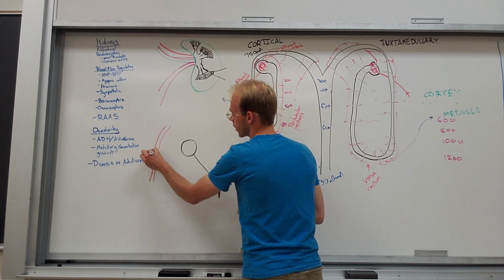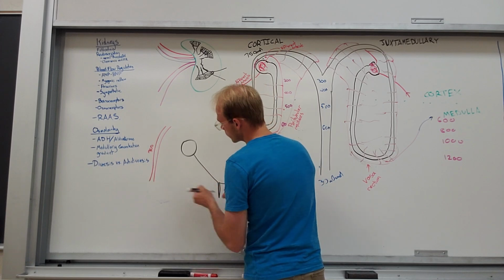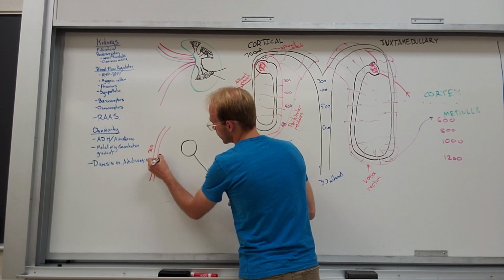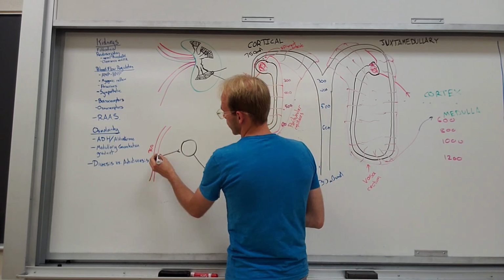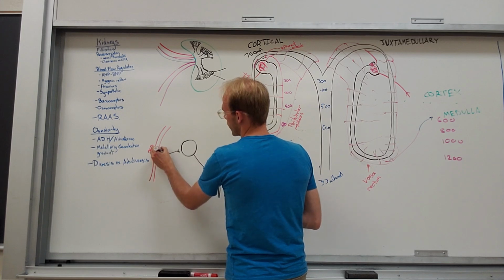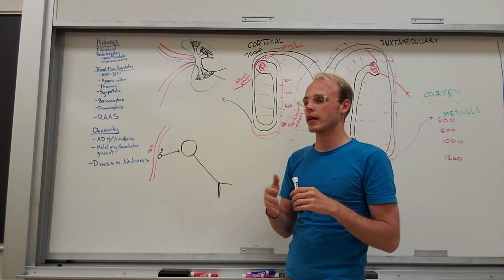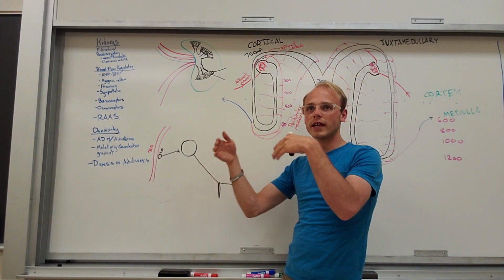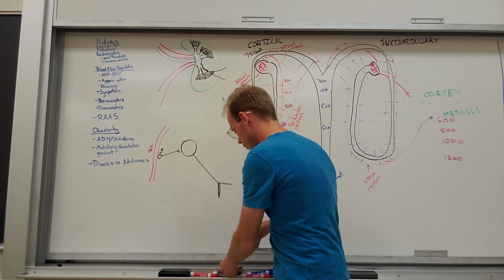Normal osmolarity is around 300. We have specialized neurons that are really close to blood vessels, and they also sit at around that 300. And so they can sense the different osmolarities between the two.